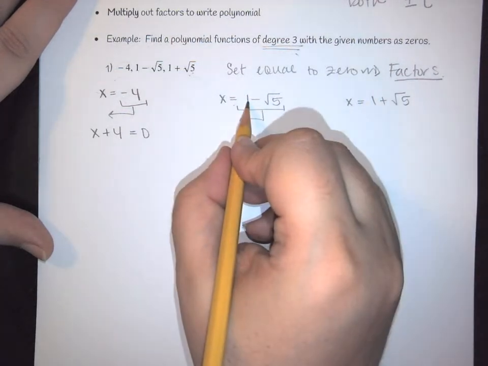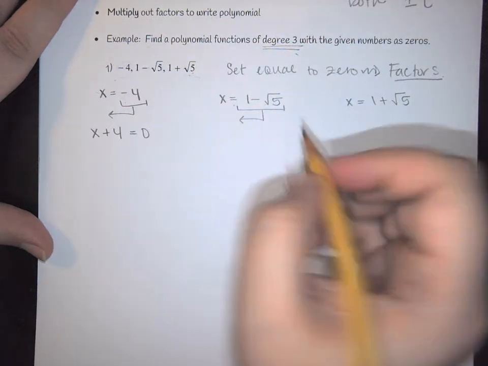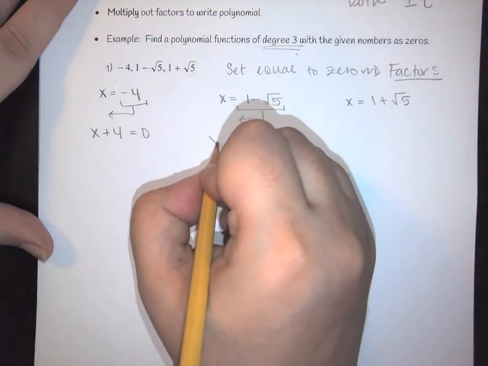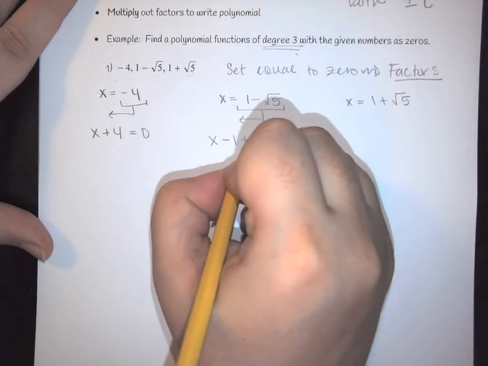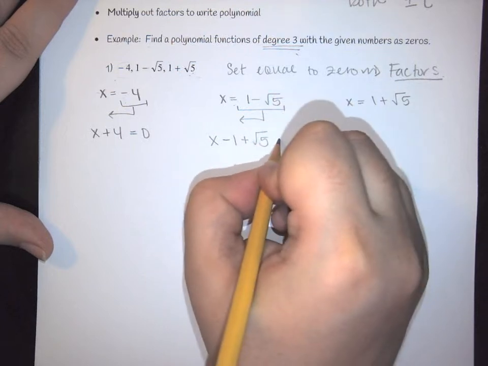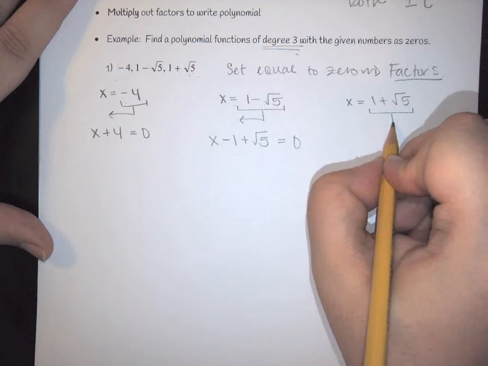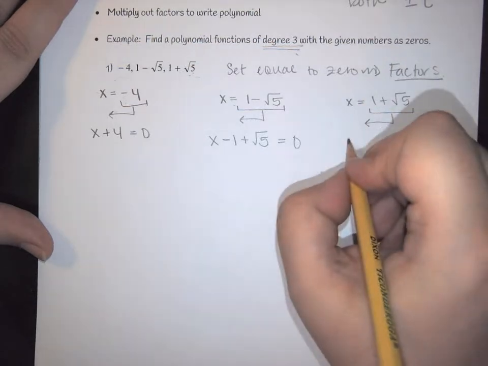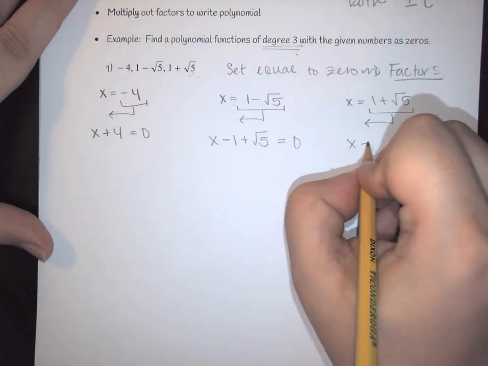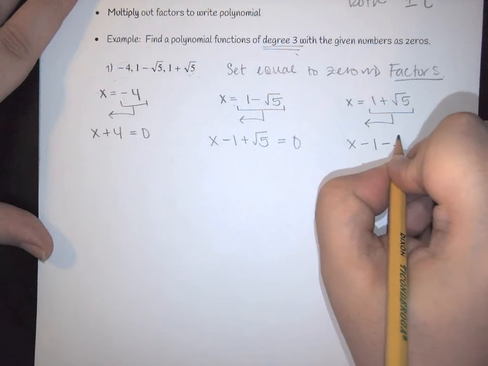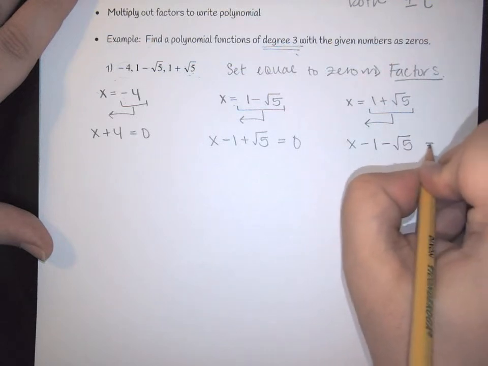The 1 I have to subtract, and the negative root 5 I have to add, so this becomes x minus 1 plus the square root of 5 equals 0. And the same for my last one: x minus 1 minus the square root of 5 equals 0.